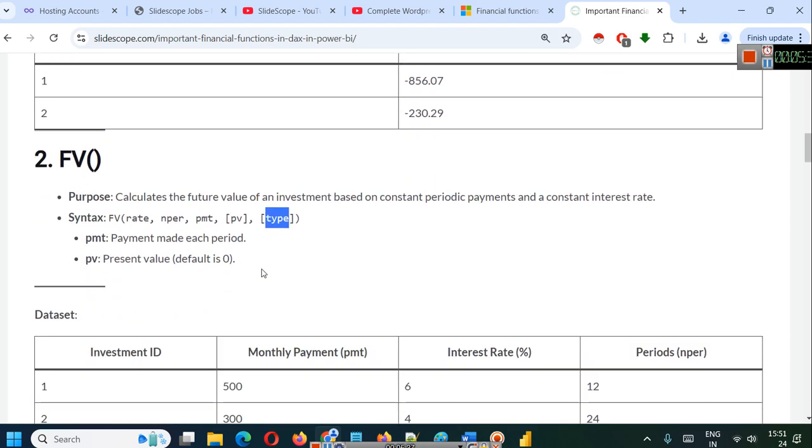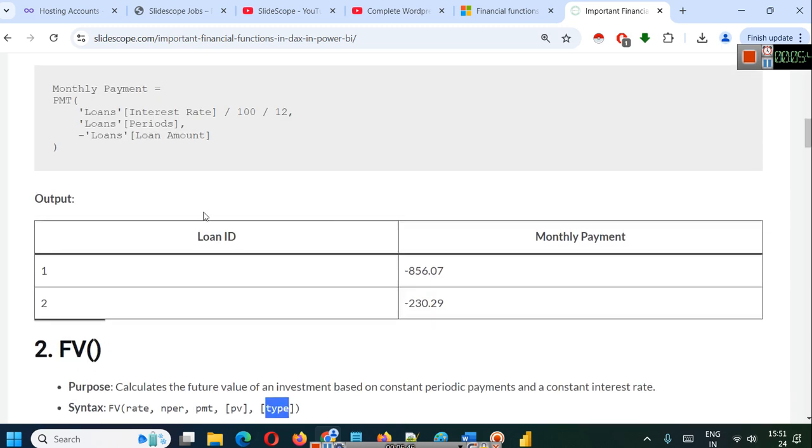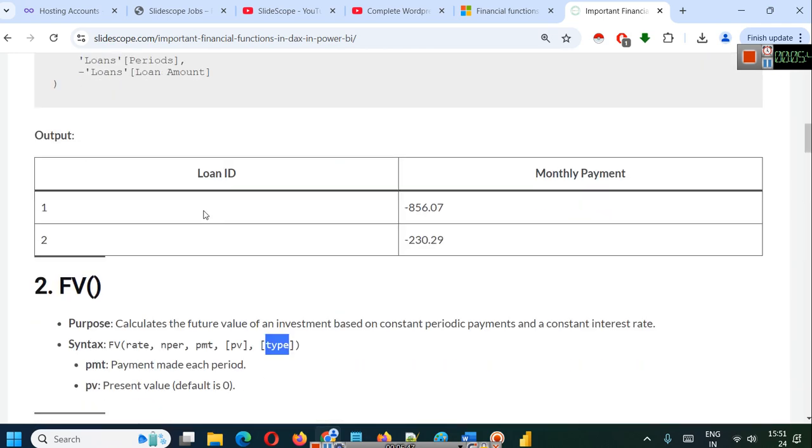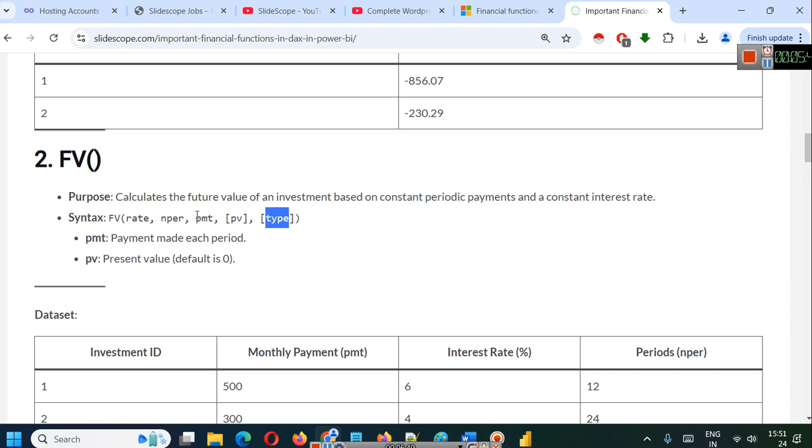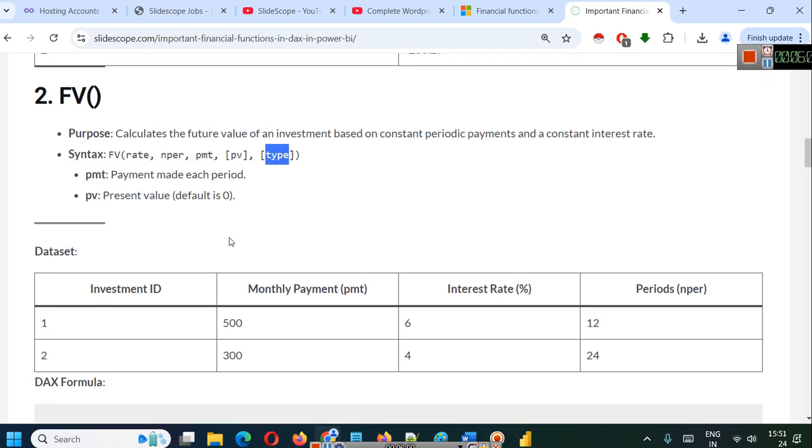That means you are making constant payments, but are you making those payments at the end of the period or the beginning of the period? Sometimes we pay some amount before the month starts, and sometimes we pay after the month ends. PMT will be your payment made each period.